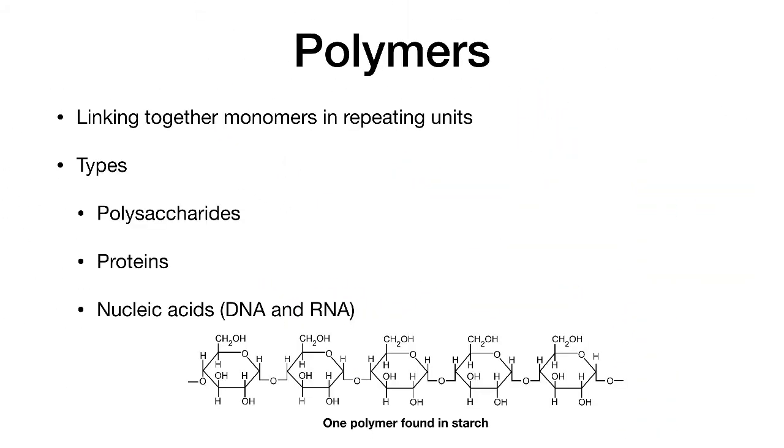These 4 monomers that we just talked about will link up to form 3 common polymers: polysaccharides, proteins, and nucleic acids. Polymers can be very simple. As an example, starch contains long strings of just 1 monomer, glucose, hooked together. Polymers can also be very complex.